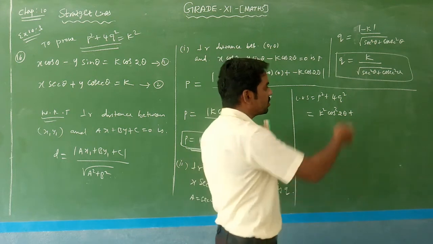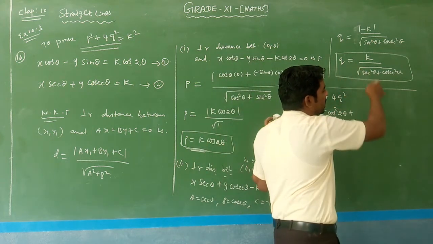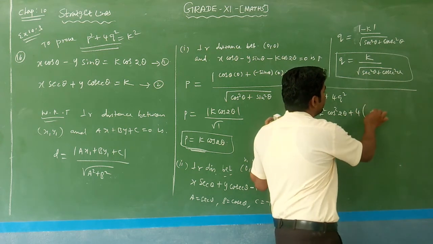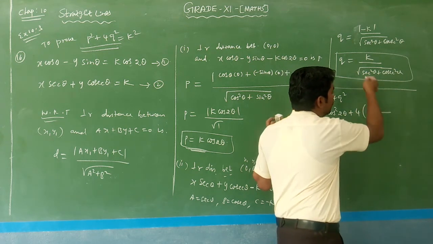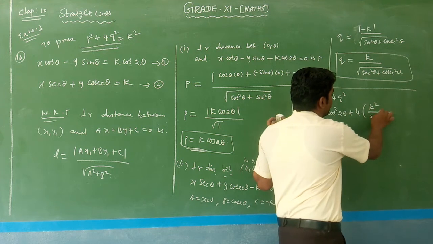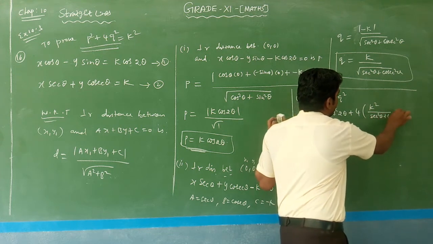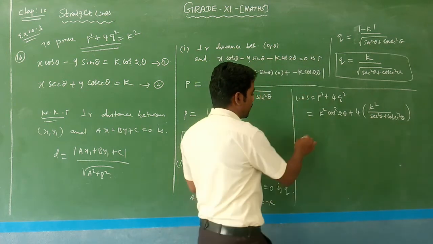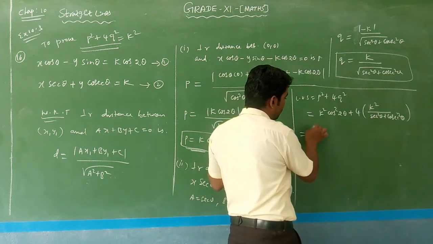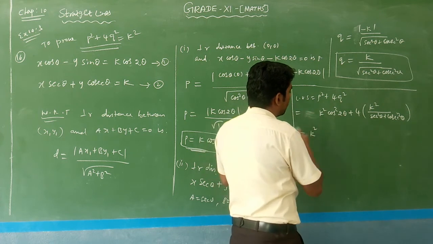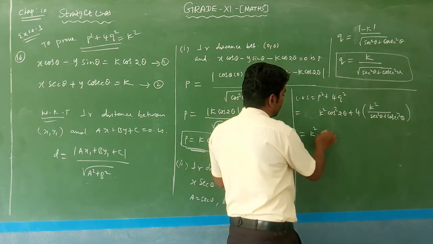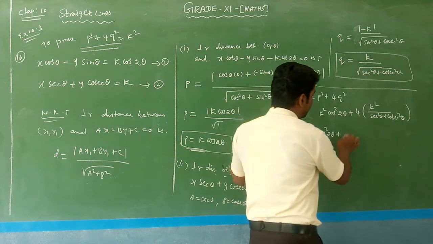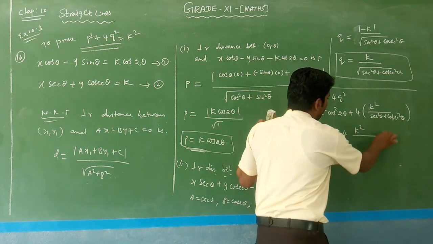Q squared is k squared divided by secant square theta plus cosecant square theta. So 4 into k squared divided by secant square theta plus cosecant square theta.